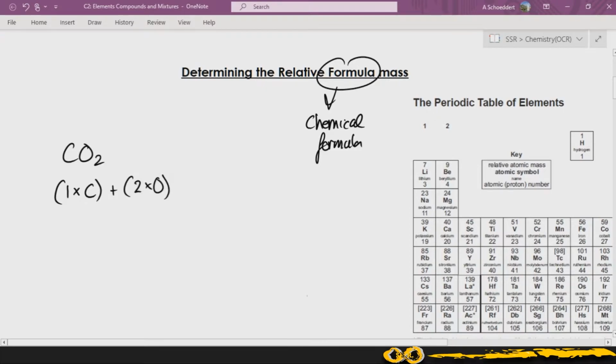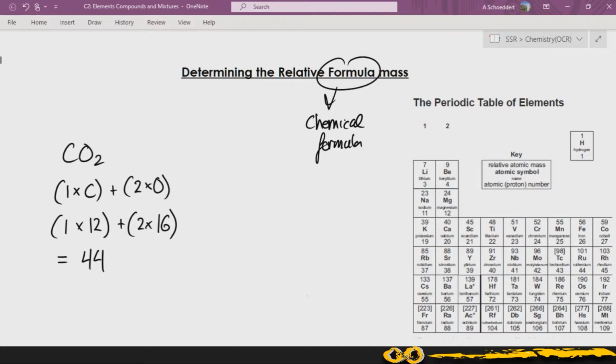If we wanted to find the relative formula mass of this, we would need to take 1 times the mass of carbon, which is 12, and add it to 2 times the mass of oxygen, which is 16. In total, this would give us 44 atomic mass units as the relative formula mass for this compound.